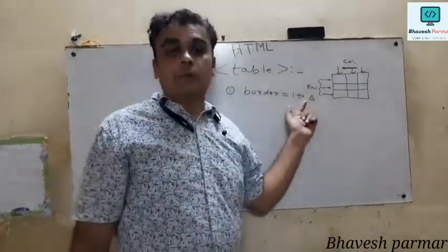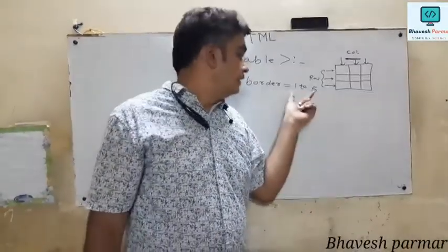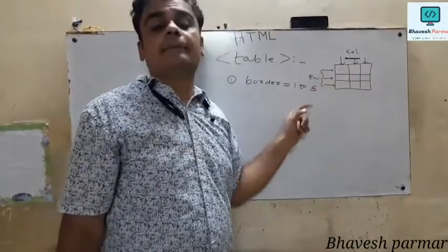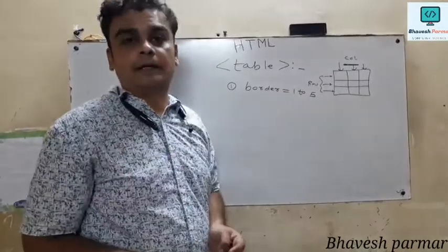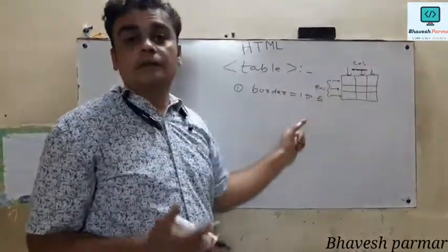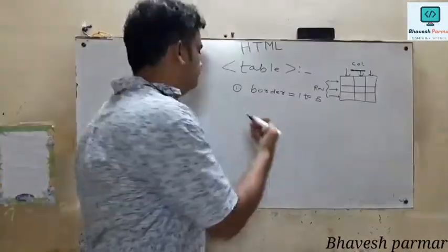If you use a bigger number, your outline will be darker. And if you forget to use the border attribute, this outline will disappear and the data will be scattered and will not show in a proper manner. So you use the border attribute for better presentation purposes. So this is the use of the border attribute.